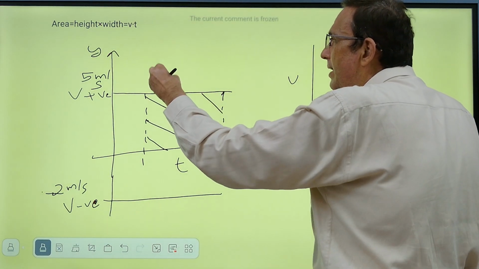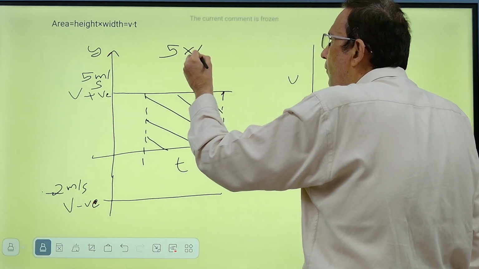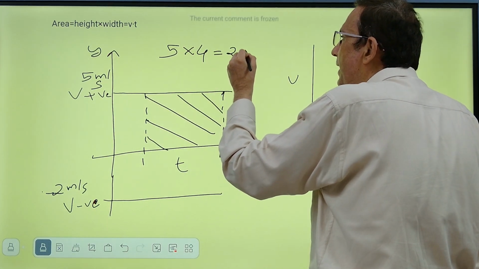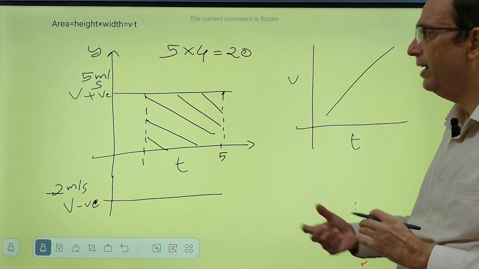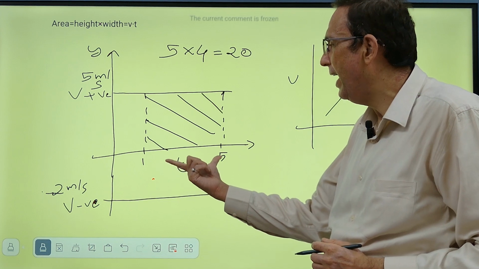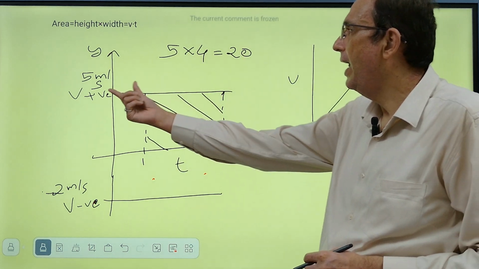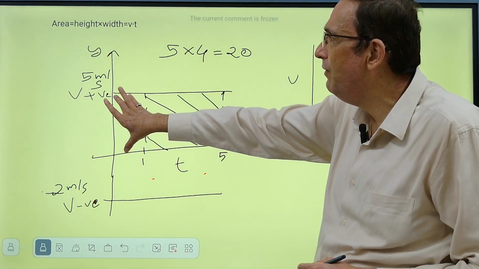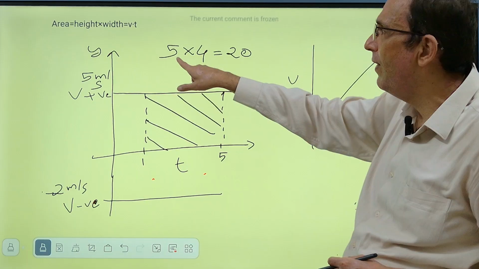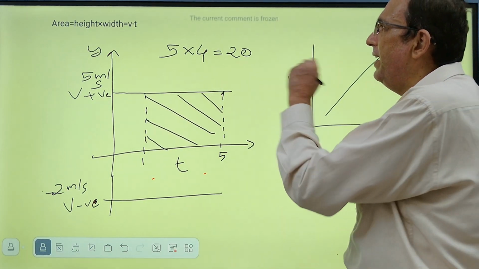So the area under the curve is 5 times 4, which is equal to 20, isn't it? This displacement in time is 5 minus 1 seconds, which is equal to 4 seconds. And this displacement in velocity is basically from 0 to 5. So basically it is 5 meters per second. So you multiply 5 by 4, and what you are getting is 20.